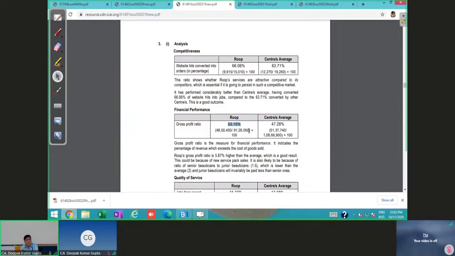You have to analyze and link with the figures given in the question. It is very straightforward to see that the gross profit margin is 5.87% higher. But why?